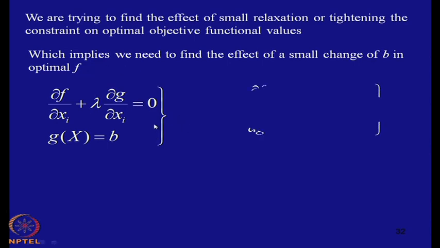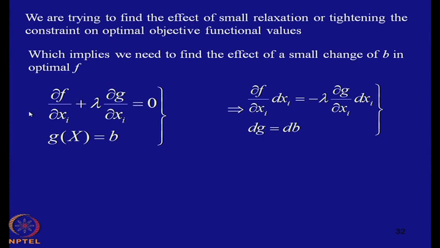Now, if I do certain simplification here, we can see that del f by del xi dxi is equal to minus lambda del g by del xi dxi. One thing we can see here as well, that del f by del xi is equal to minus lambda del g by del xi. What does it give us?